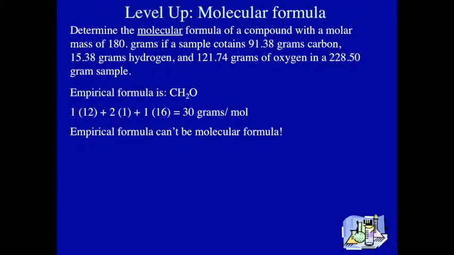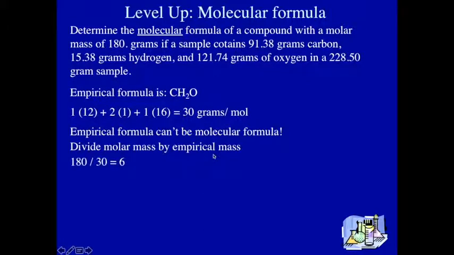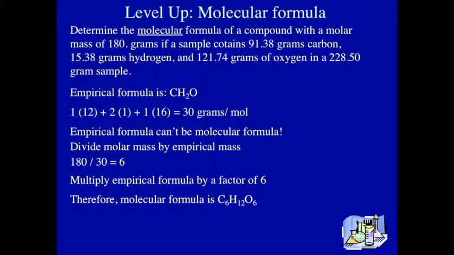Therefore, we're going to divide the molar mass that we're given by the empirical mass, which gives me a factor of 6, which means all of my values here need to be multiplied by 6, which means that my molecular formula is C6H12O6, which you may recognize as glucose.